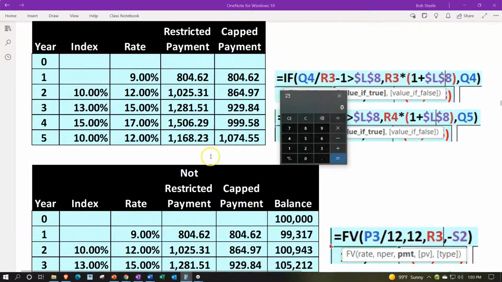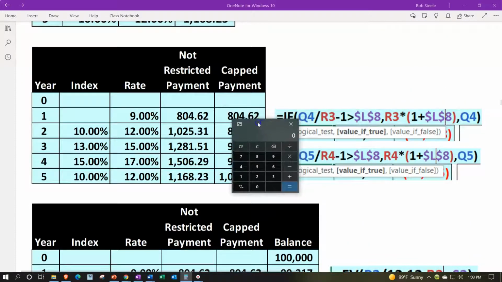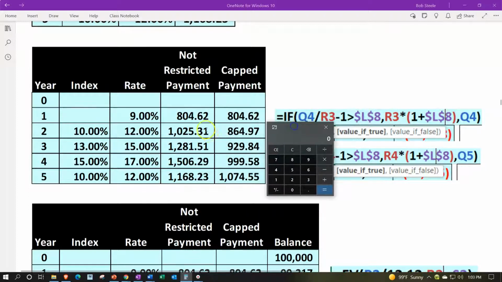So there's no cap in year 1. And then in year 2, we got this amount, 1,025.31, after the rate increased to 12%. But we said we can only increase by 7.5. So if I take the 804.62 times 0.075, that would be another 60 plus the 804.62.